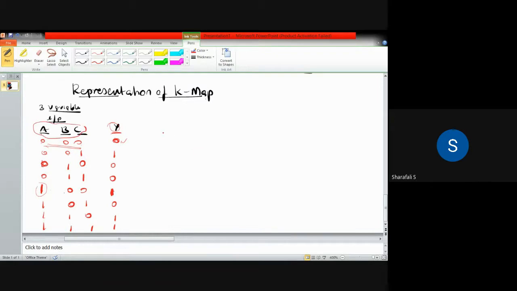So three variables means we will be having a K-map almost like this. Here we need 8 cells in total because you are having three variables.